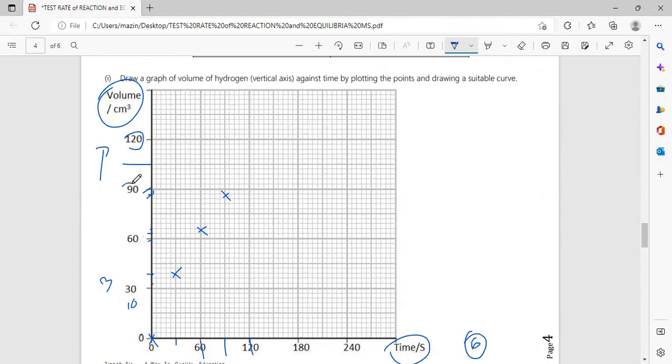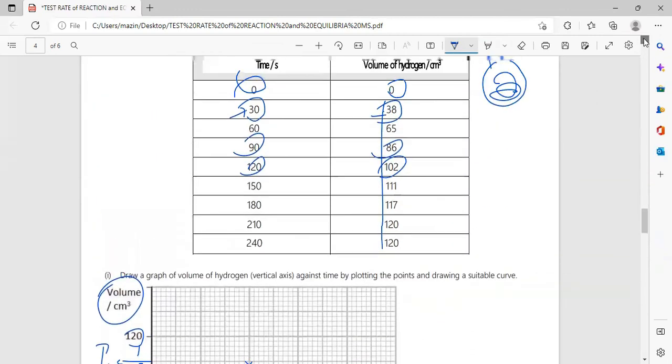Between these two, 105, because this to this is 15, this to this is 15. So here is 105. What is there? 102. Just one less point, approximately here. Okay, 102 we got there.